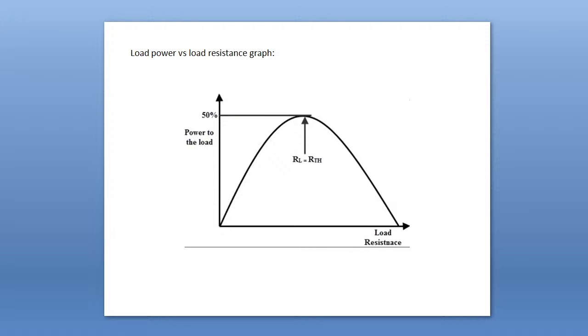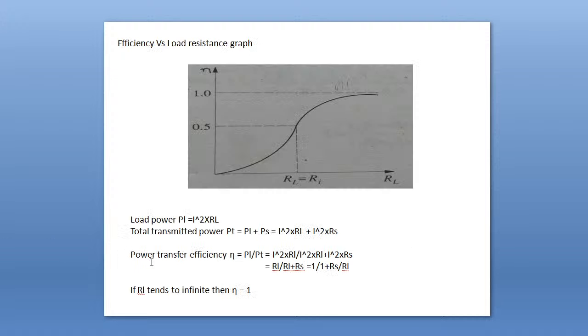And you know there is a confusion between power transfer efficiency and maximum power. That's why I have given the curve of efficiency versus load resistance. You see, the maximum value of efficiency is 1.